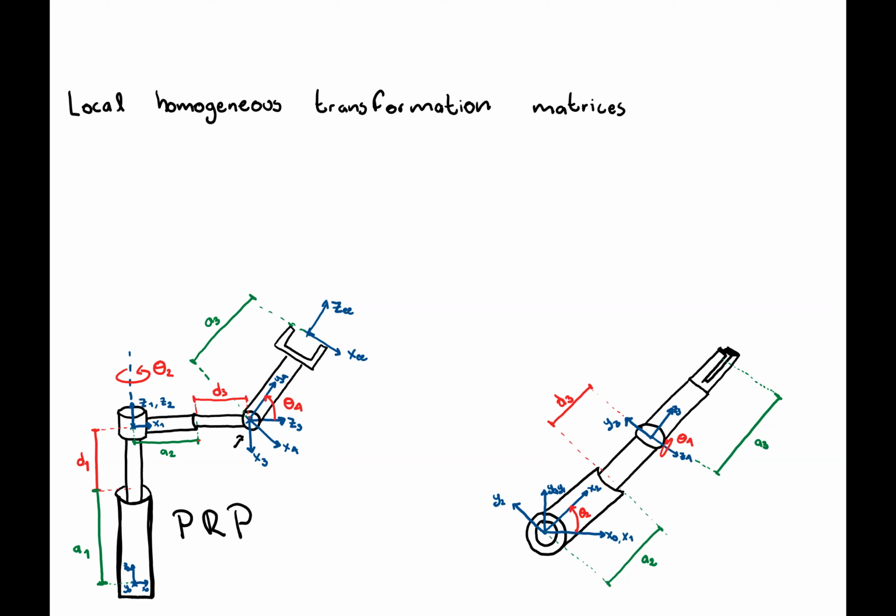So in this case, the axis of motion of the joint is pointing, is a Z pointing outside of the slide. Okay, so remember that Z3 was aligned, it's pointing towards the right.